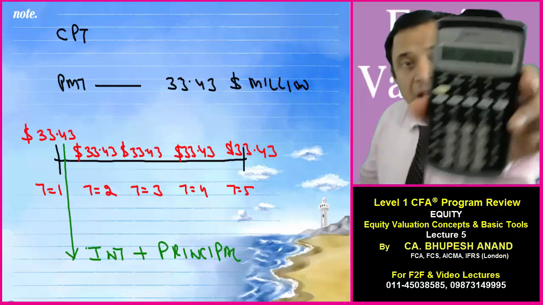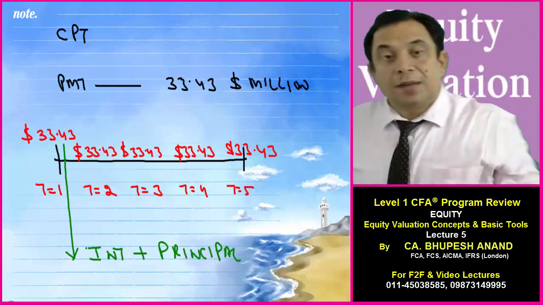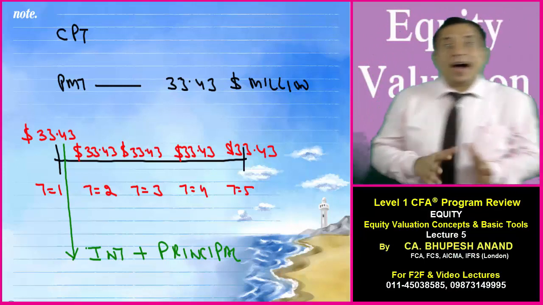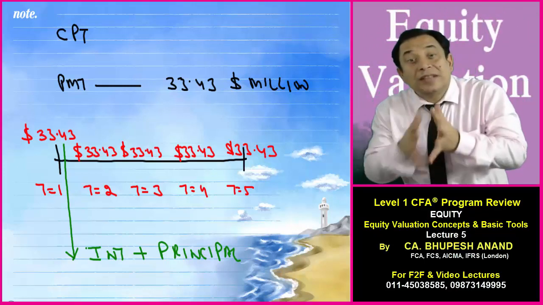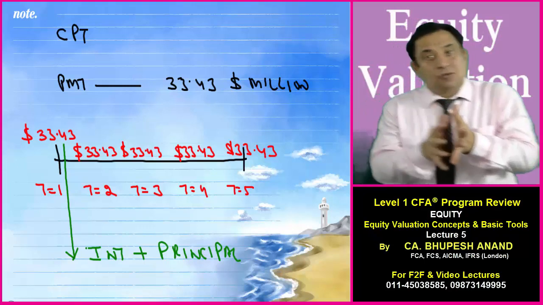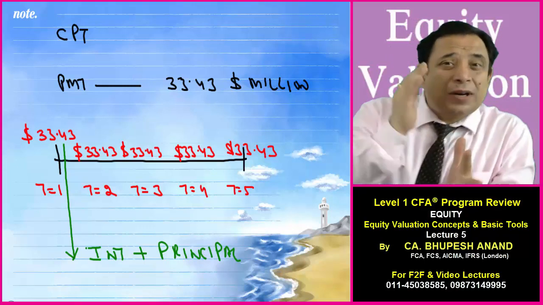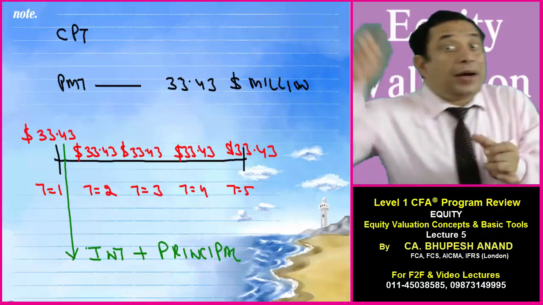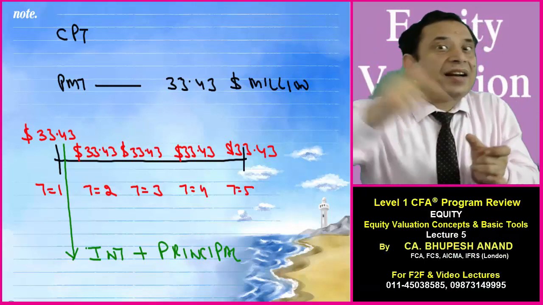That is going to be $33.43 million. It means if I am paying 100 million along with interest, then I have to pay each year $33.43 million. Now it is a composite of principal and interest.